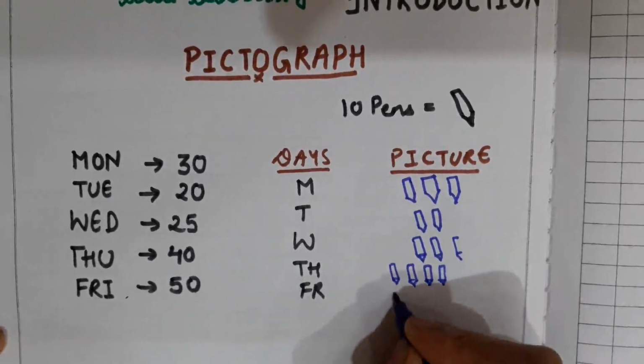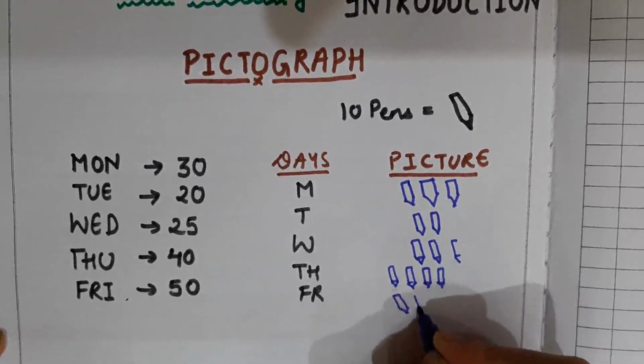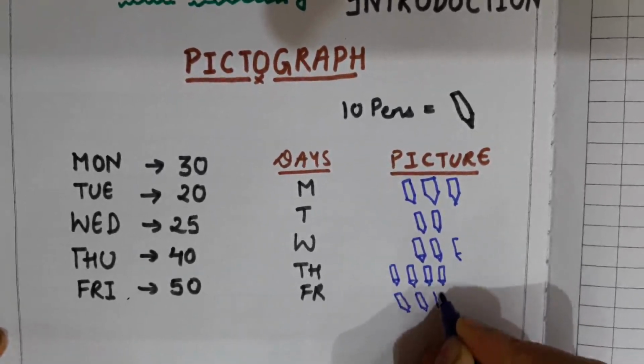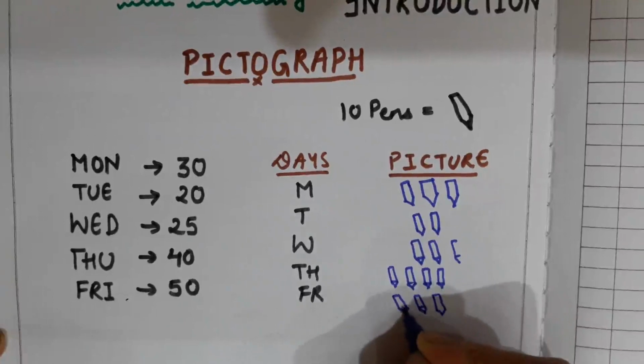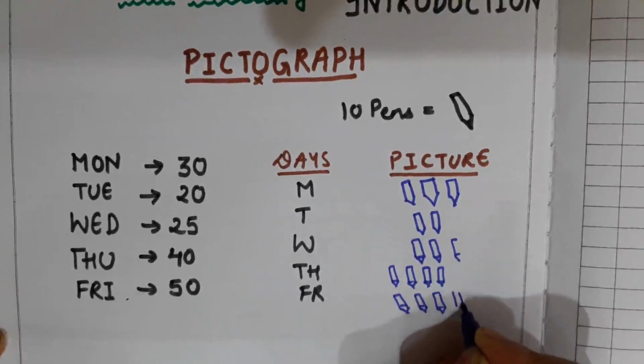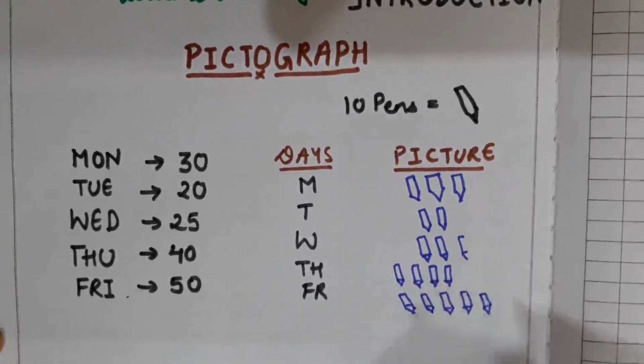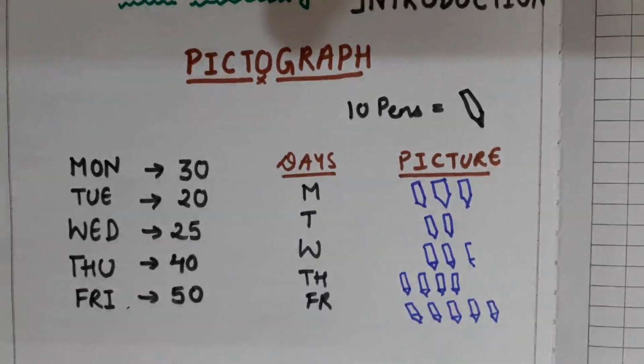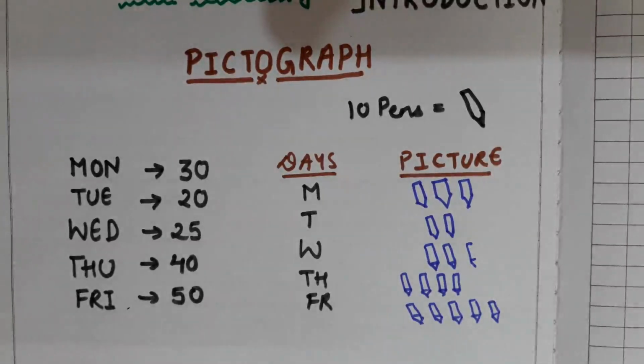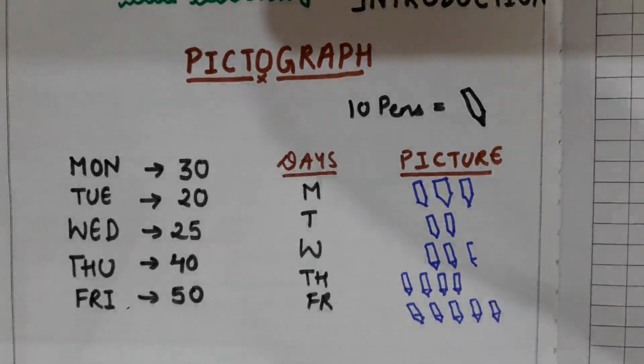Friday is 50. 1, 2, 3, 4, 5. Okay, so this is your pictograph of this particular given example. I hope you are getting my point.